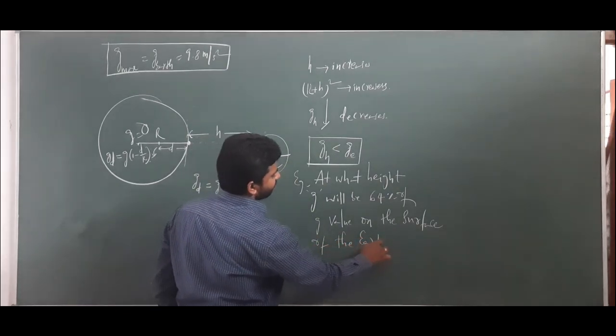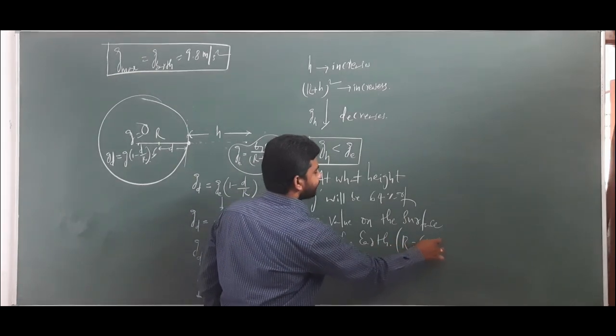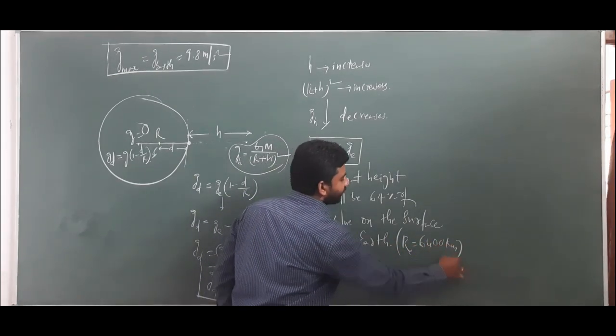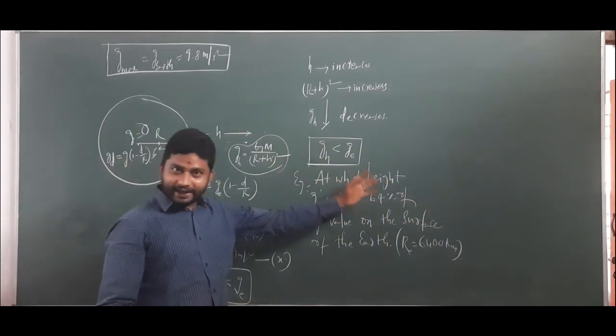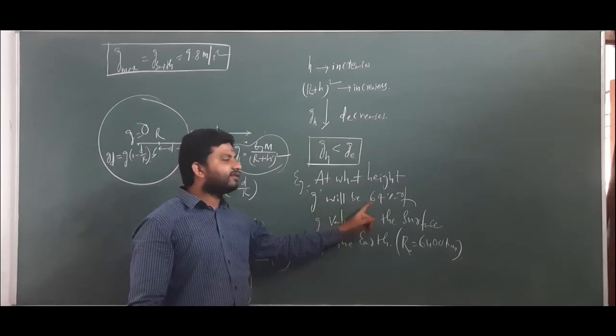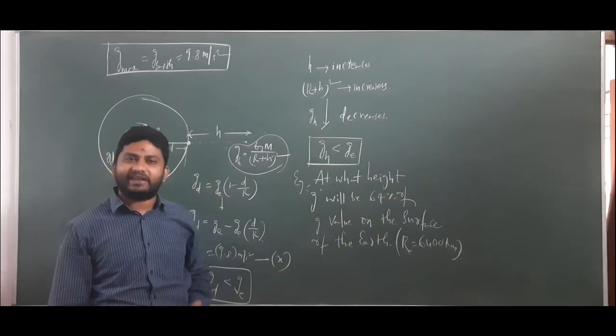So simple. We know the radius of the earth is considered as 6,400 kilometers. They are given here. At what height will acceleration due to gravity be 64% of the g value on the surface?